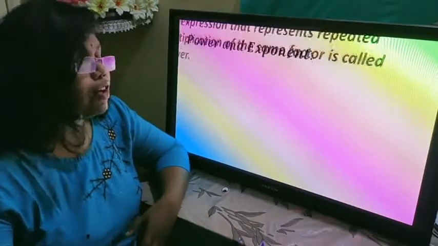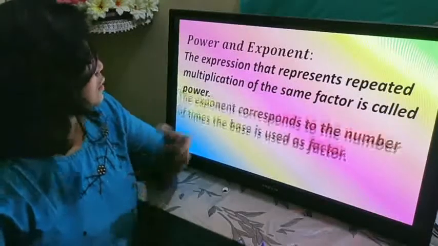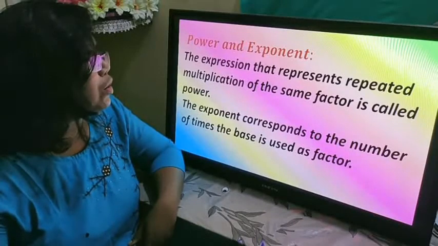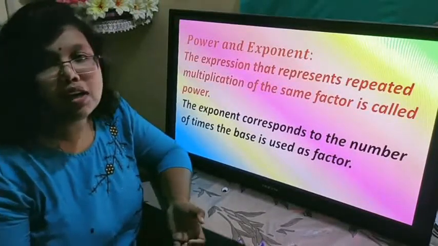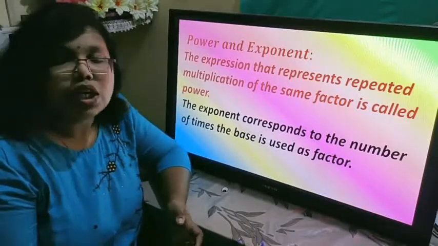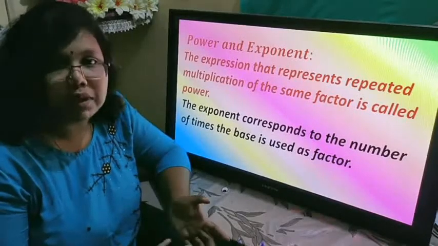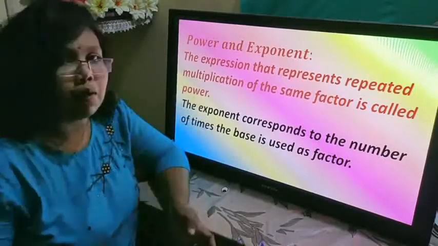First, we have the definition for power. The expression that represents repeated multiplication of the same factor is called power. What do we mean by that? This means that whenever you are multiplying a number a certain number of times, like 2 into 2 into 2 into 2, and when you write it in the form of index and base, the entire expression is called power.